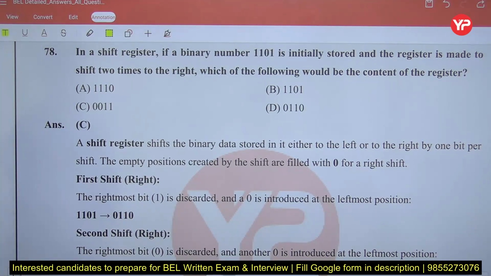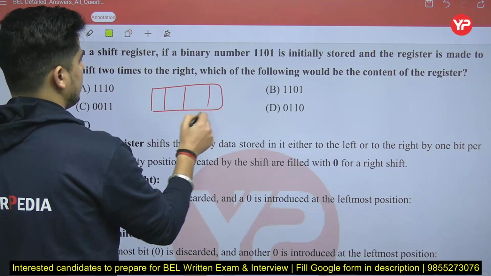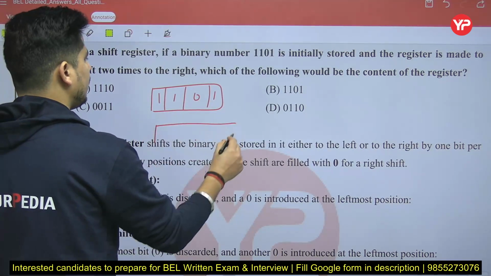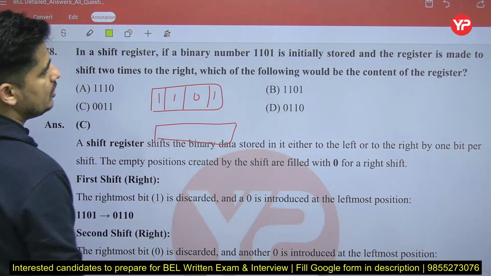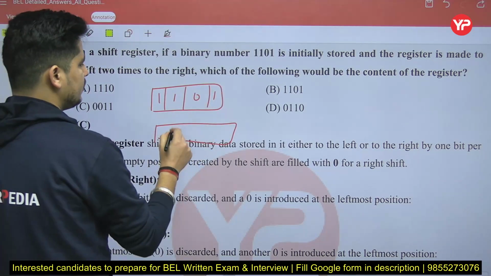In a shift register, if the binary number 1101 is initially stored in the register and it is shifted 2 times to the right, what should be the content of the register? Initially, let us take 4 bits, that is 1101. Now shift 2 times to the right.